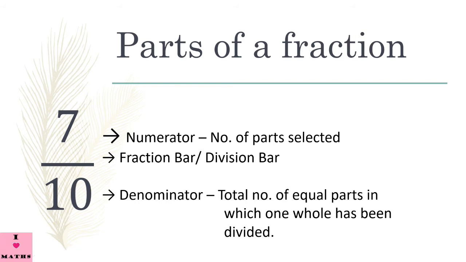Or you can say 7 parts out of 10 parts of the cake are finished. So 7 upon 10 represents the amount of cake which is finished. So children, 7 is the numerator and 10 is the denominator.